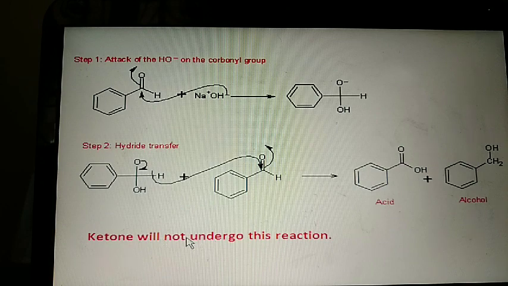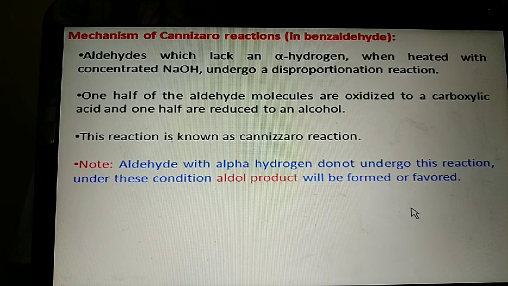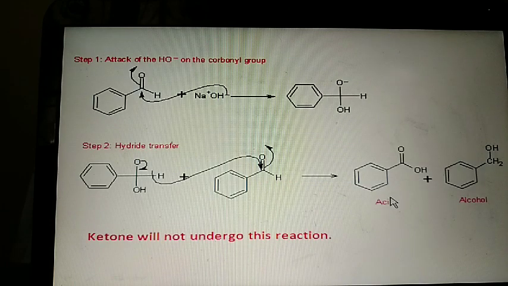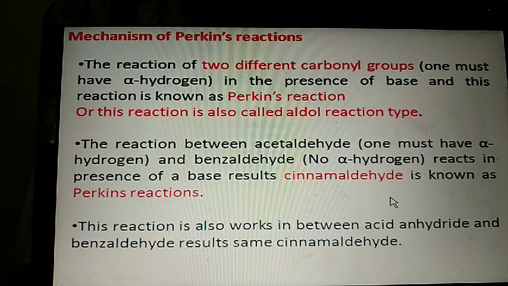The ketone does not undergo this reaction because ketone doesn't have a proton here, because we need this hydrogen atom, so it will go and give this product as an alcohol. So therefore only aldehyde will give Cannizzaro's reaction, not acetophenone or ketones.